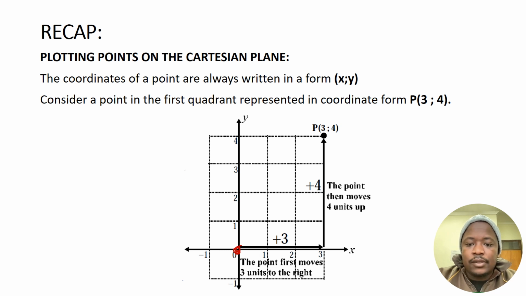The x value in this case is positive 3. So when we start from the origin, which is 0, we count 1, 2, 3. That means 3 units to the right. After that, we move 1, 2, 3, 4 units upwards. Therefore, this is where we will be locating our point P.